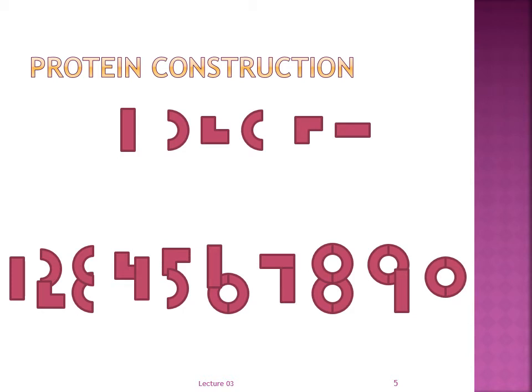All I need to know is which shapes to put together in which order to create the number I want. Likewise, for almost any function the cell needs to perform, the ribosomes can manufacture a protein of the appropriate shape for that purpose. But somewhere you have to have the information on which amino acids are put together in which order to feed to the ribosomes.